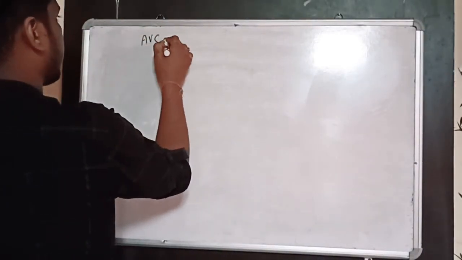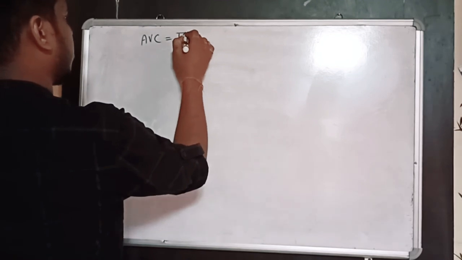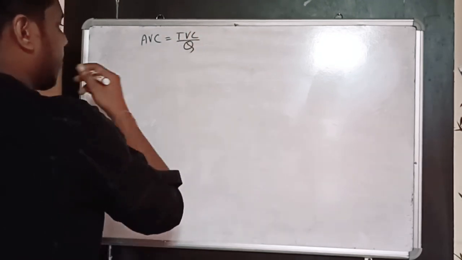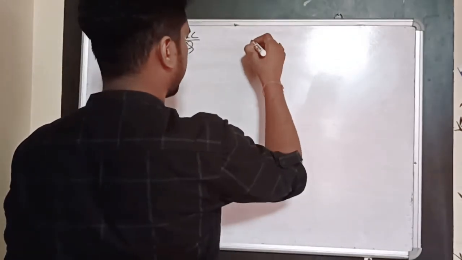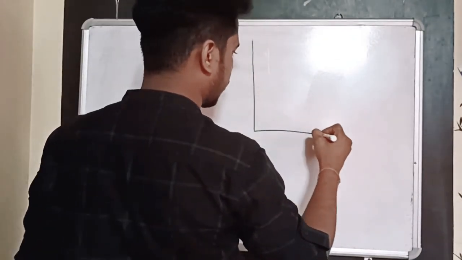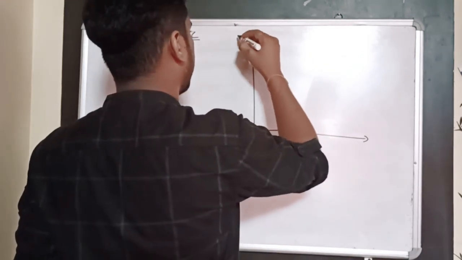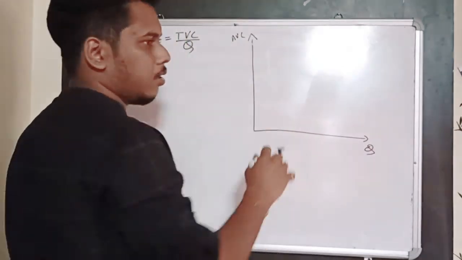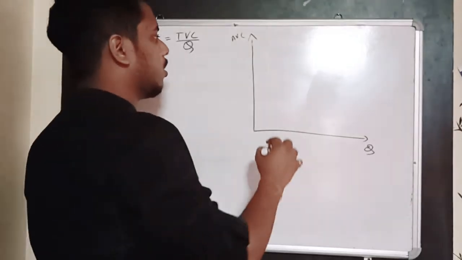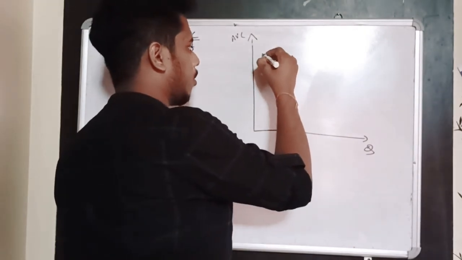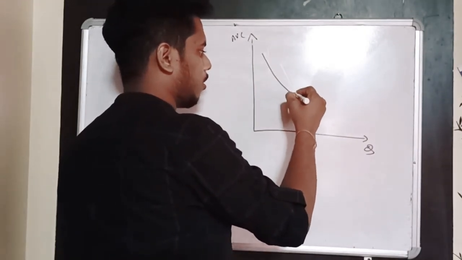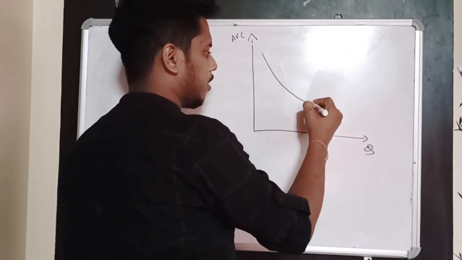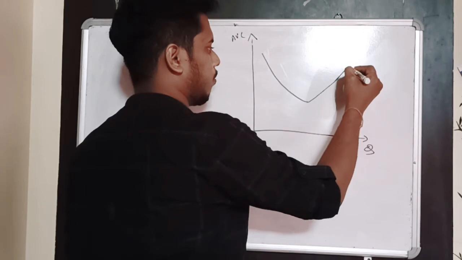Let us now deal with average variable cost. It is given as total variable cost by Q. Now the average variable cost curve, AVC and Q. For average variable cost, we say that initially, as we increase the output, our average cost goes on falling, it reaches a minimum, and then after reaching that minimum, it starts rising up.